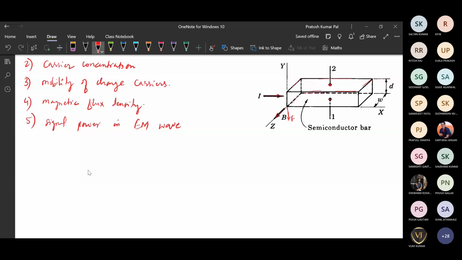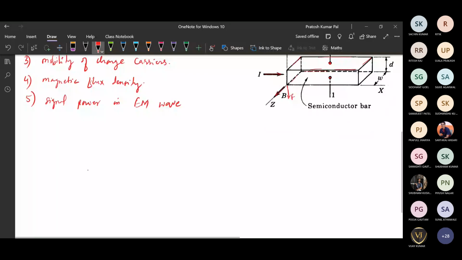So if the current direction is from left to right, this current would be because of holes.